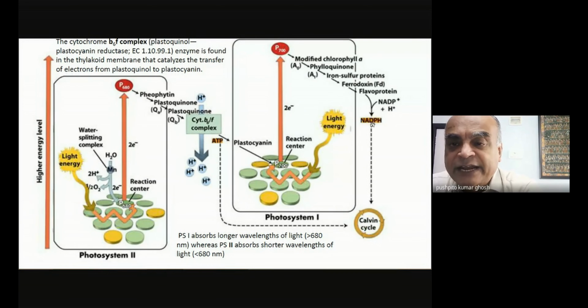So NADPH is a reducing agent because it got reduced, and now it can go and reduce something else, and in turn get oxidized back into NADP plus. Again it will find its way into the photosynthetic side, and again get converted into NADPH. So that's effectively what's happening.